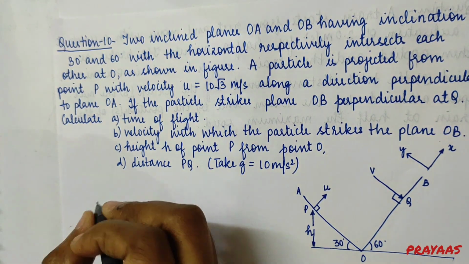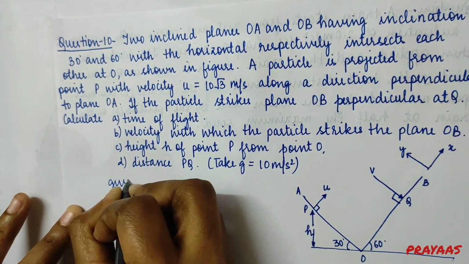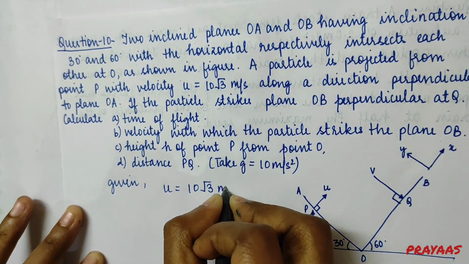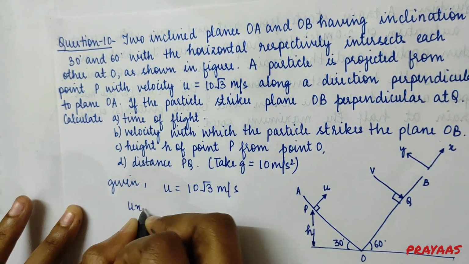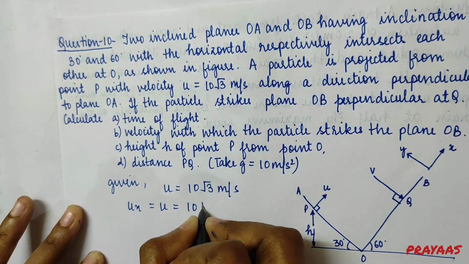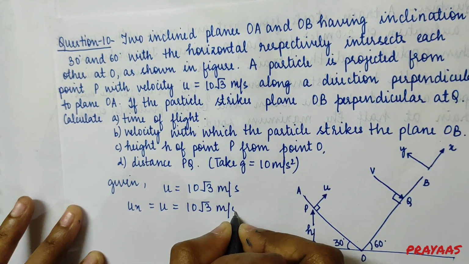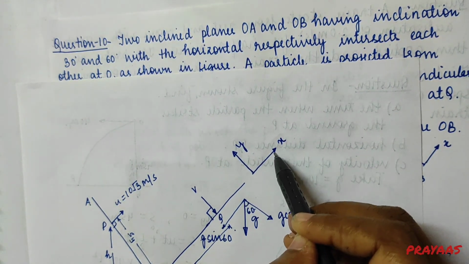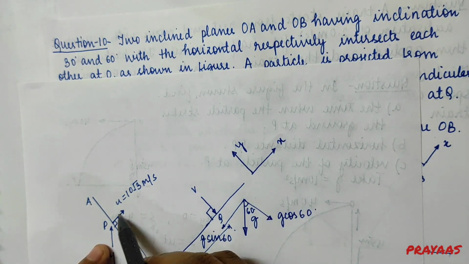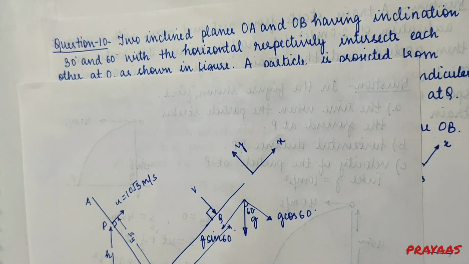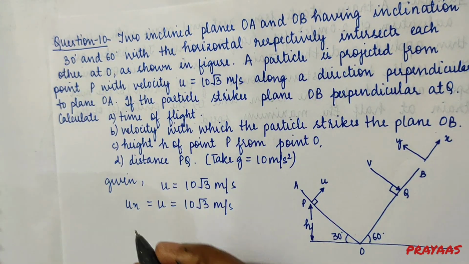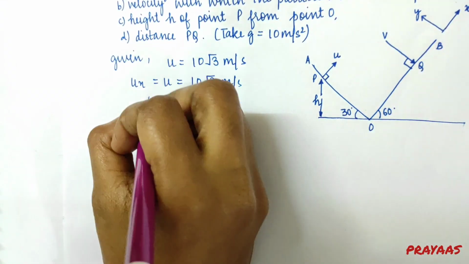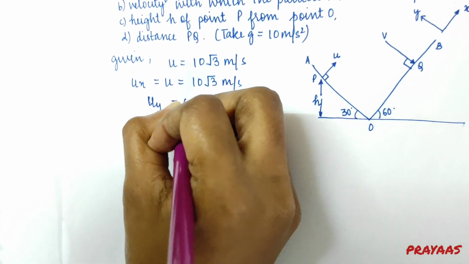So now I know that, given, u is 10 root 3 meters per second. Ux will be equal to u, that is 10 root 3 meters per second. The x and y coordinates are given as this. This is the x coordinate and this is the y coordinate. So the velocity u will be in the positive x direction. Uy will be 0.